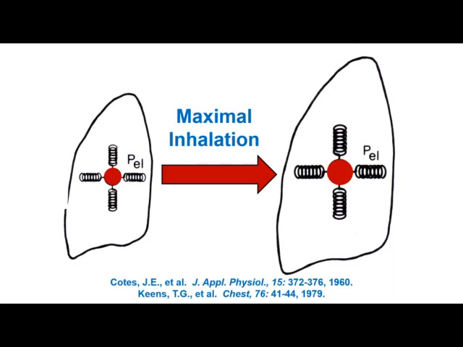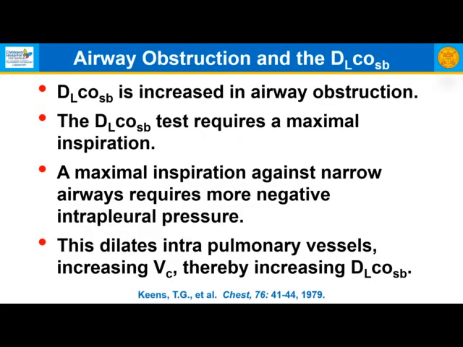So now you're pulling on all structures in the lung, which now include blood vessels, and opening them up during inspiration more than if you didn't have obstruction. So what's happening here is that you're increasing the amount of hemoglobin in the lung at the time the test was done. The diffusing capacity is increased in airway obstruction.